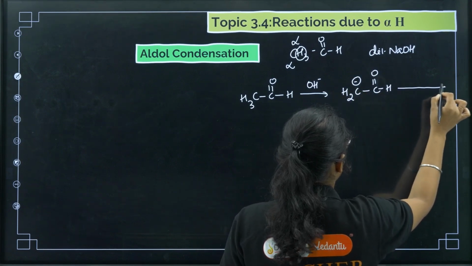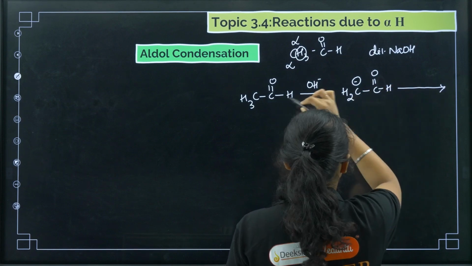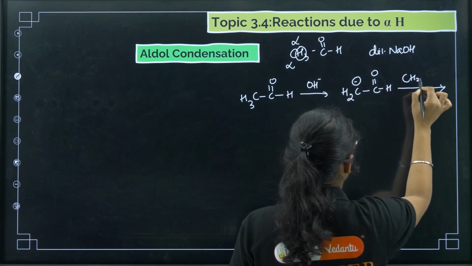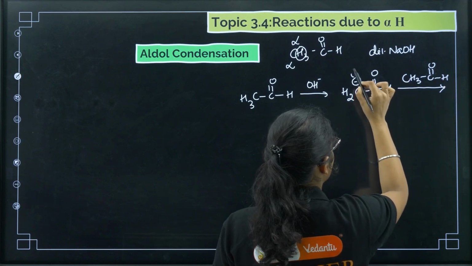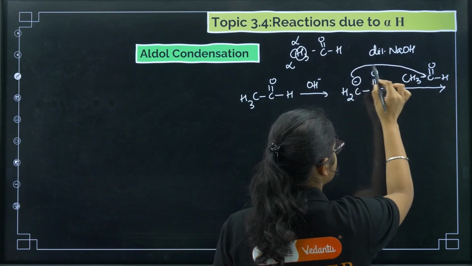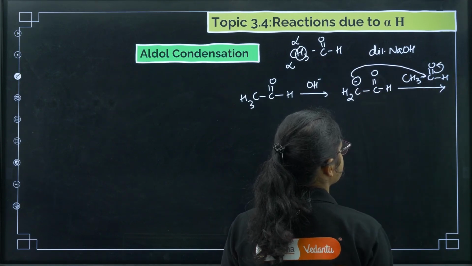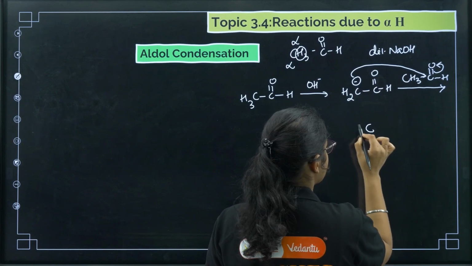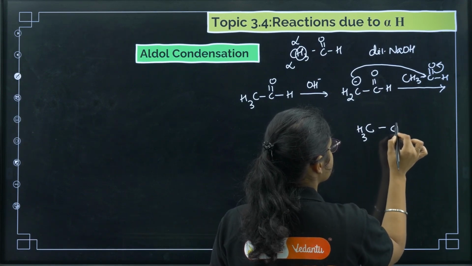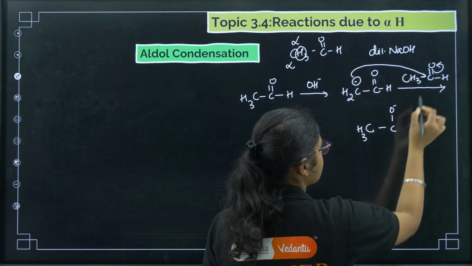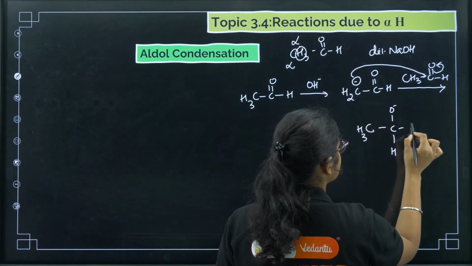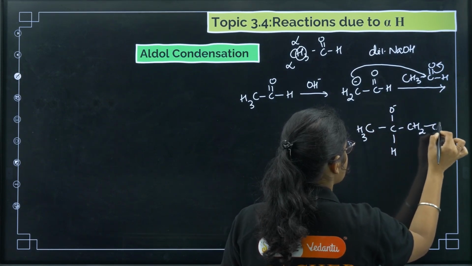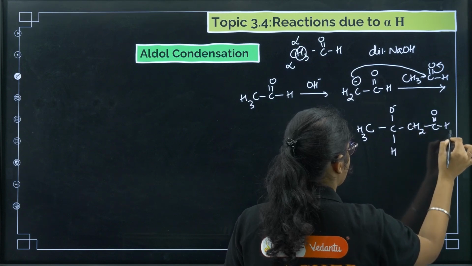Next, you can take another molecule of this one, that is CH3COH. Now what will happen, this minus will attack here, the CH2 will attack here, and this bond will shift like this. So what I will get is CH3CO minus, then this carbon is having H, and then this CH2 group is attached to this one, CH2COH.